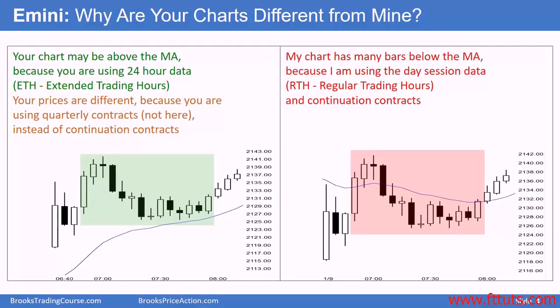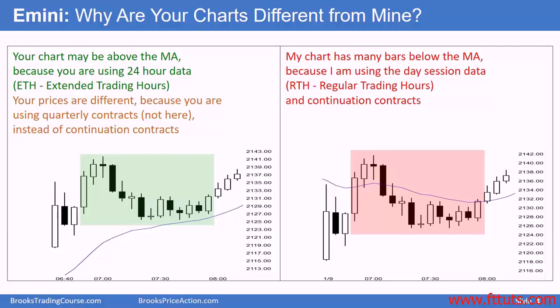Now look at this. Here's my chart. And this might be your chart. And you say, wait a minute, Al, all my bars are above the moving average, and a lot of your bars are below the moving average. What's going on? One of the things could be that you're using a 24-hour chart, a Globex chart, but I only use the day session chart. So my moving average is calculated on bars that do not include the Globex session.